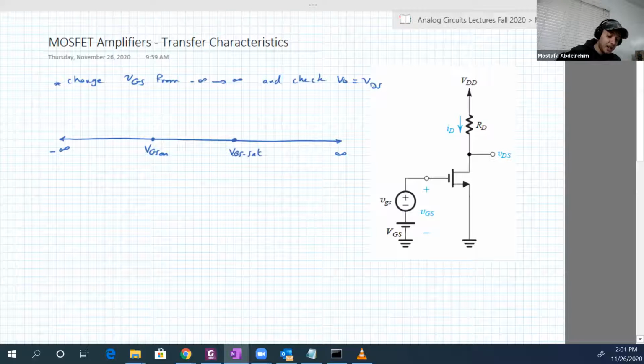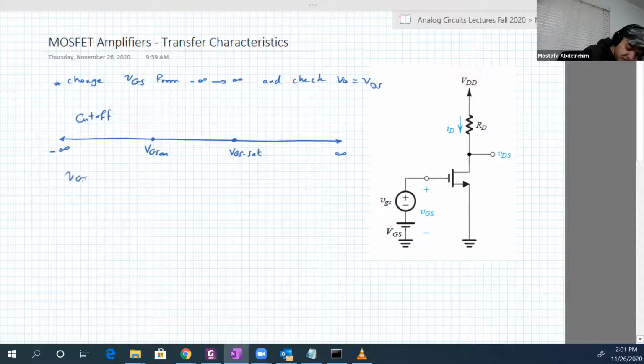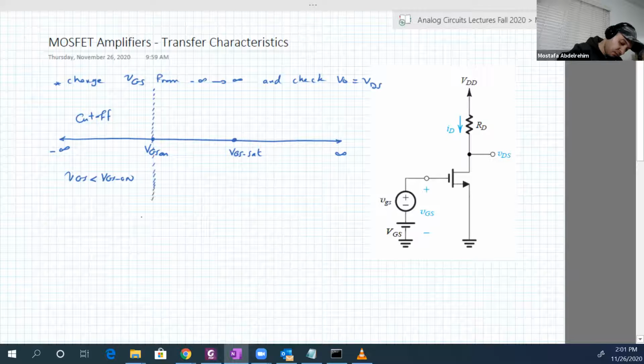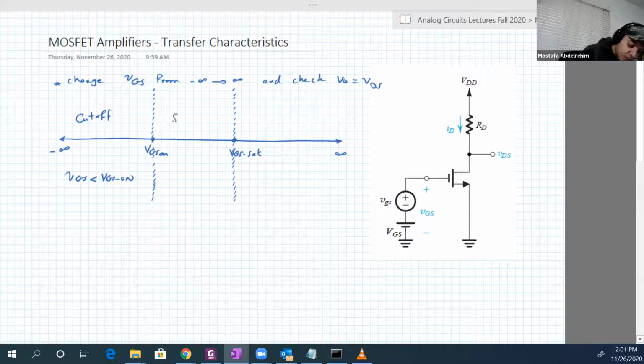So basically, these two transition points will divide the operation of the transistor into three regions. The first one is cutoff, in which VGS is less than VGS on. Then between VGS on and VGS set, we have another region of operation, which is the saturation region.